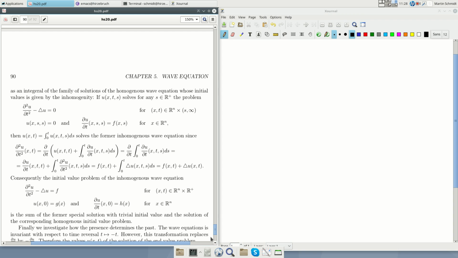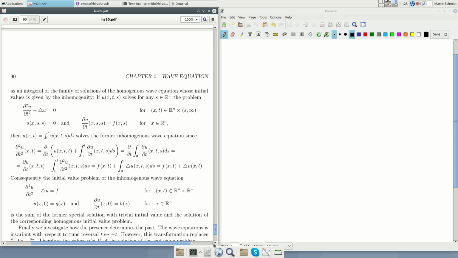And then the whole initial value problem for the inhomogeneous wave equation, where we fix the initial values, is clearly this special solution here. This is a special solution with initial value 0, but of the inhomogeneous wave equation, plus the solution of the corresponding homogeneous initial value problem.